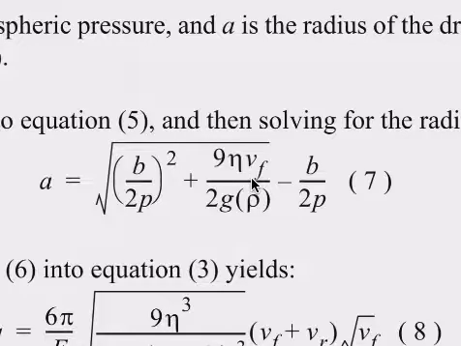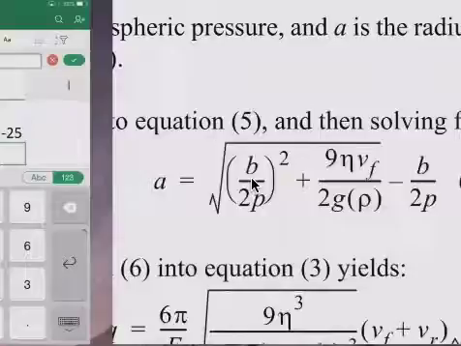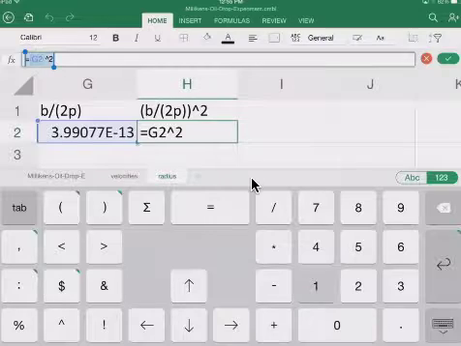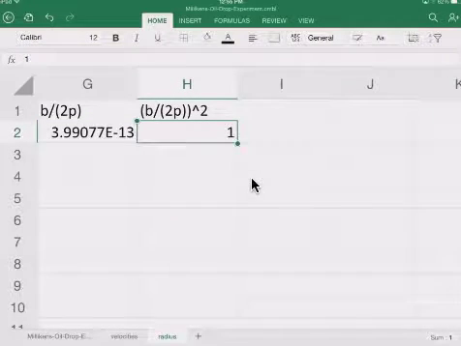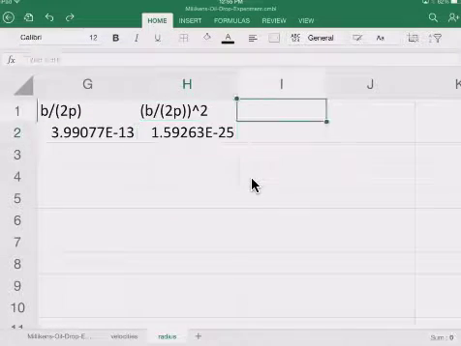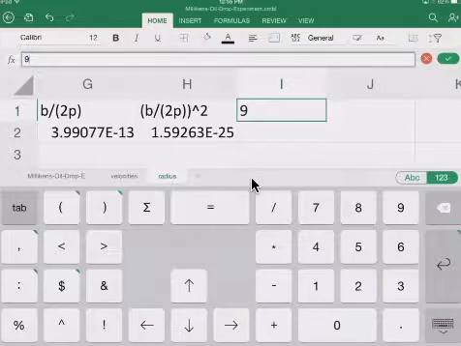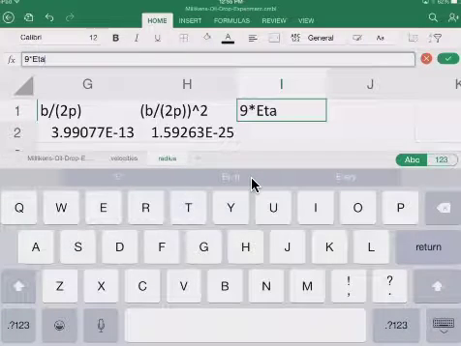So the next thing that we want to calculate will be 9 eta VF. Make sure I have everything in there. Okay, that's good. So this is going to be 9 times eta times the fall velocity.